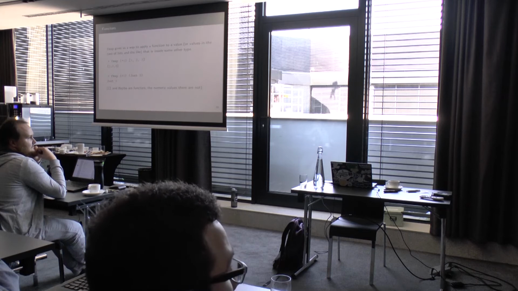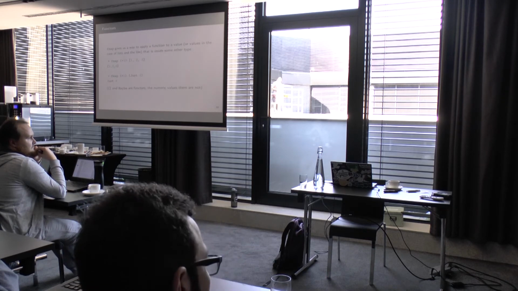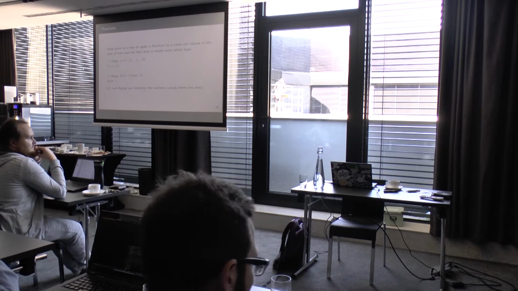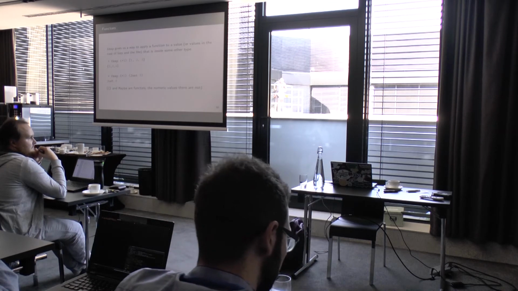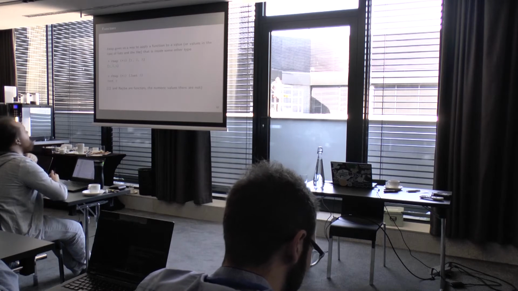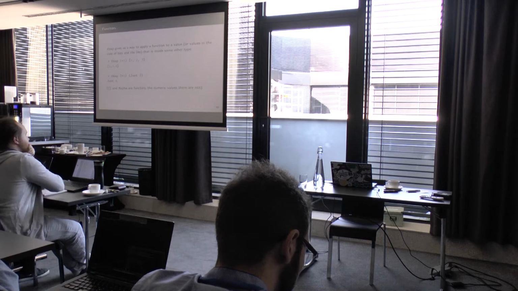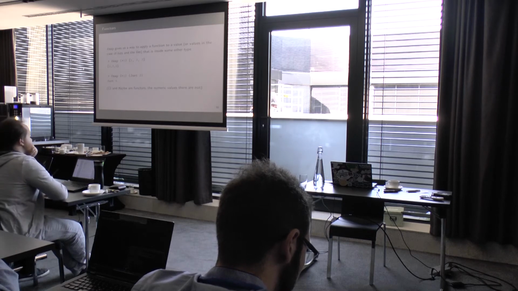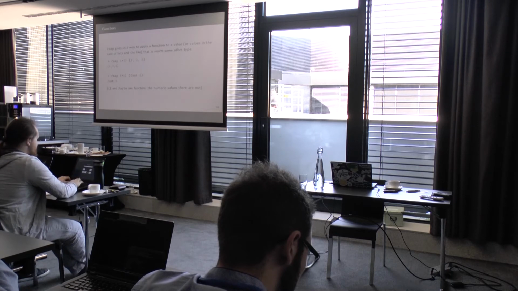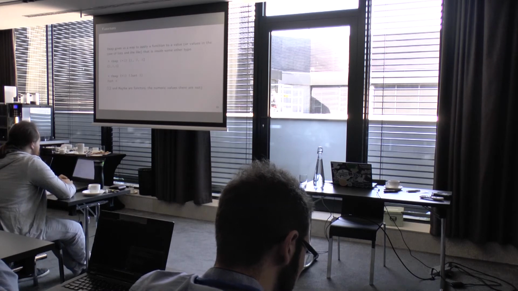In the top example, the F is list. And in the bottom one, the F is maybe. The G function in both of them is +1. So it's taken that +1 function and lifted it into either a list of each element +1 or a maybe value +1. Does that make sense? Okay.